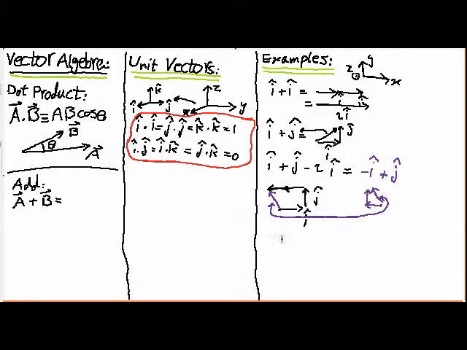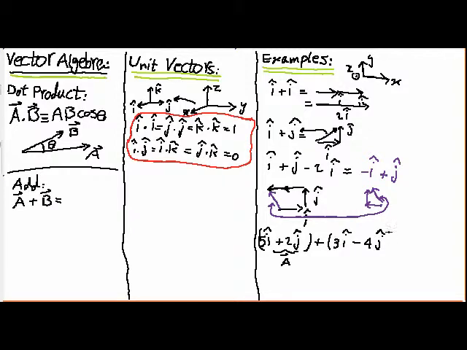Now let's make another example. Let's say I have 5 i hat plus 2 j hat. Let's say this is my vector A. And let's say B is 3 i hat minus 4 j hat.